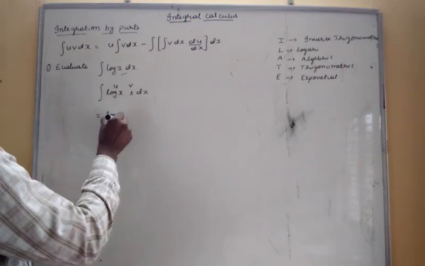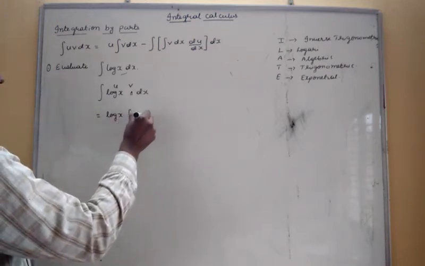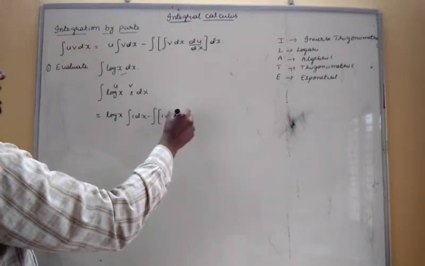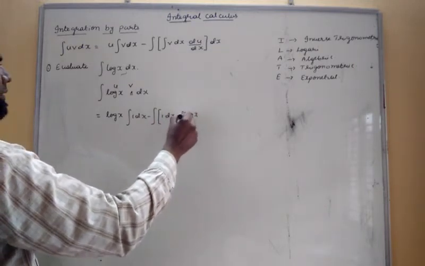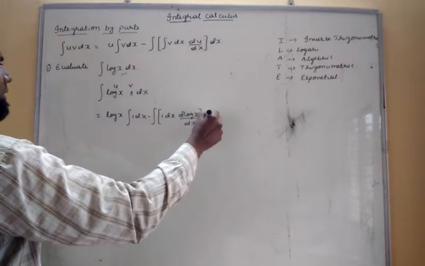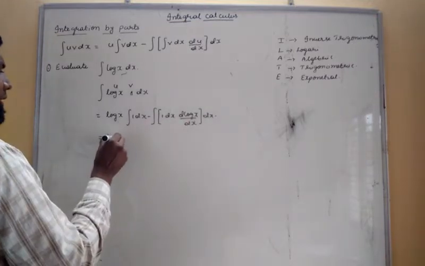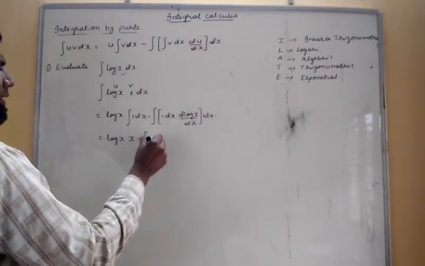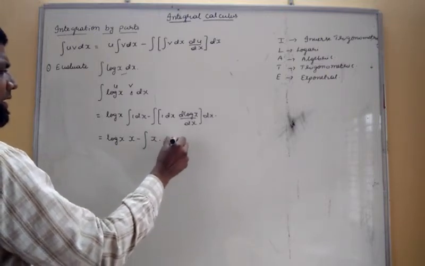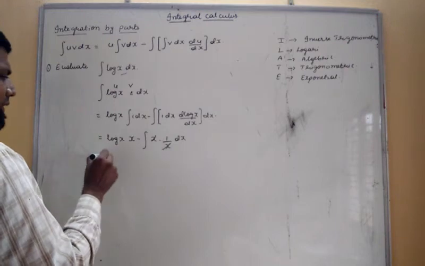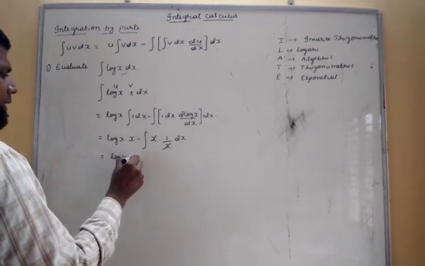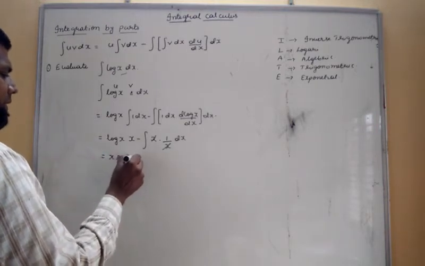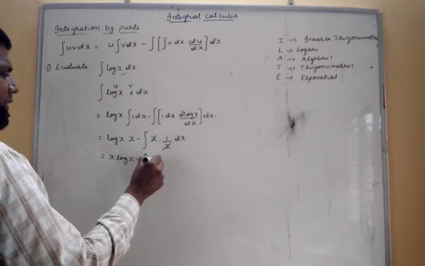The first function is log x, integration of 1 dx, minus integration of integration of 1 dx times differentiation of log x dx. Then log x as it is, integration of 1 is x, then log x differentiation is 1 by x dx. Then x gets cancelled, so we write x log x minus integration of 1 dx.